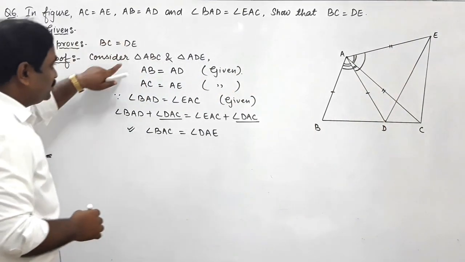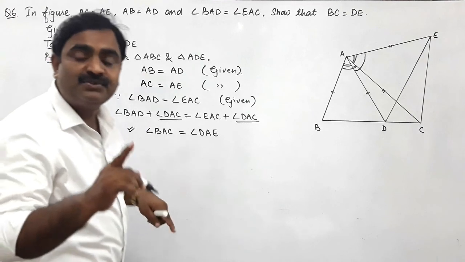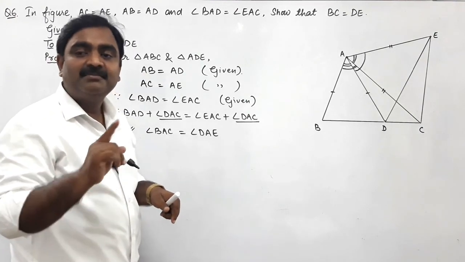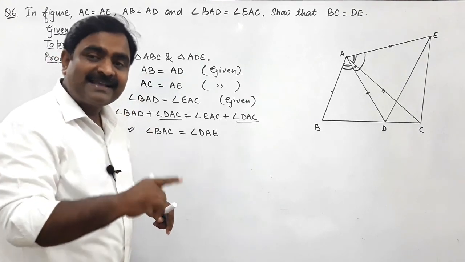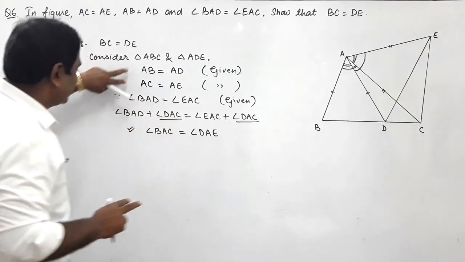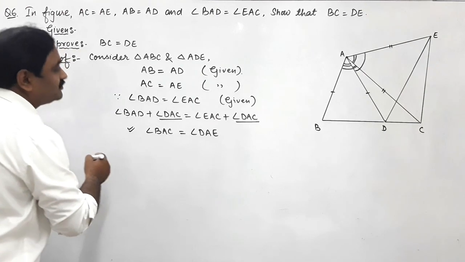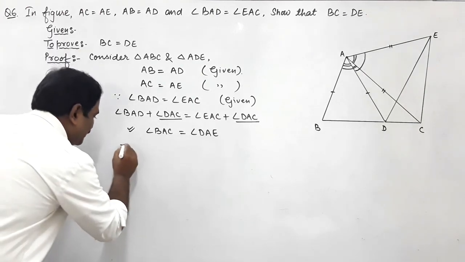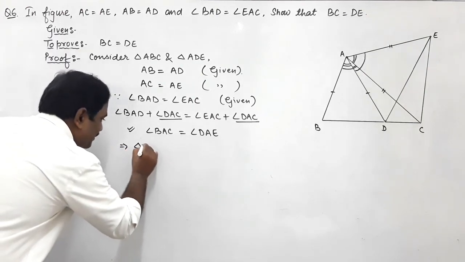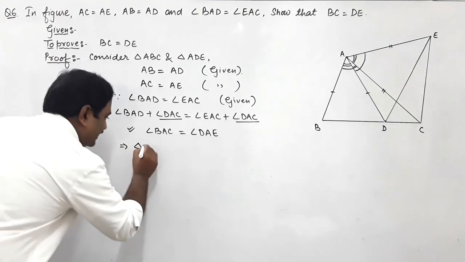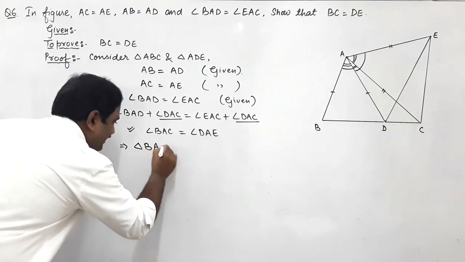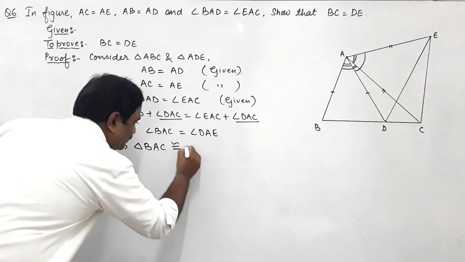Therefore these two triangles are congruent by side angle side, because two sides and the included angles are equal. So you can say that therefore triangle BAC is congruent to triangle.